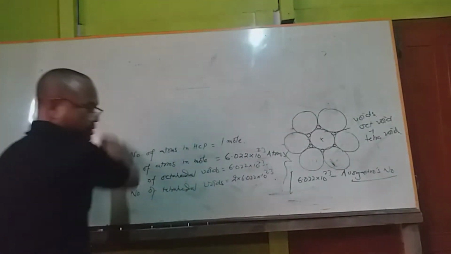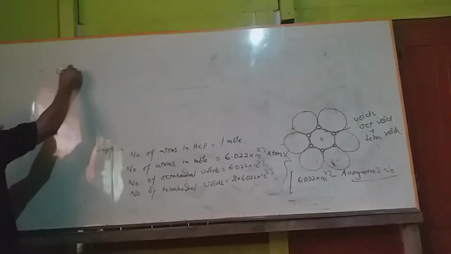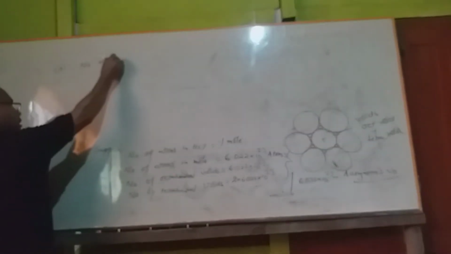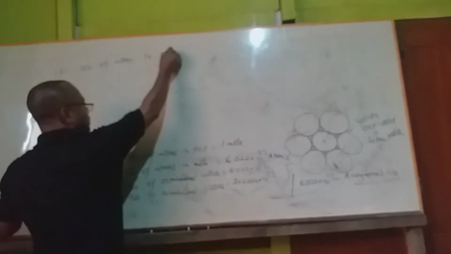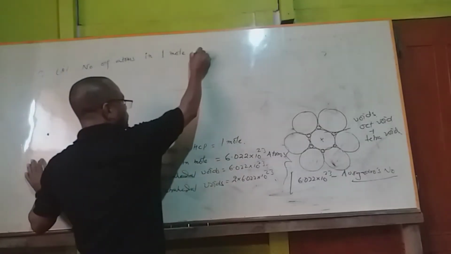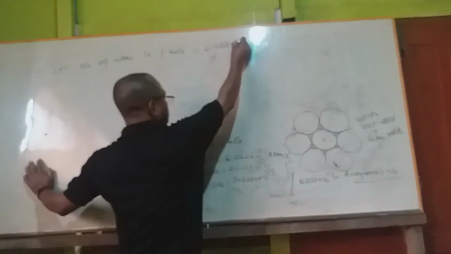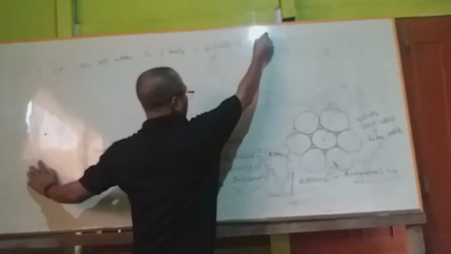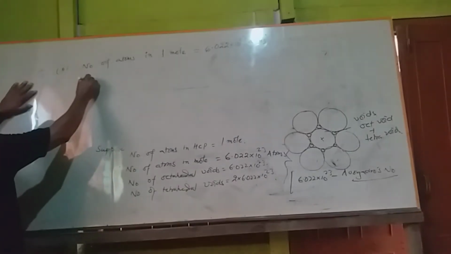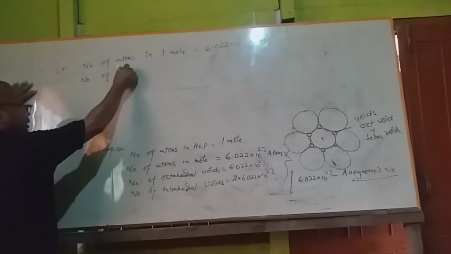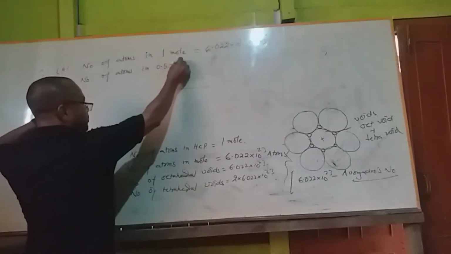So now let us calculate. Number of atoms in 1 mole is 6.022 into 10 to the power 23 atoms. Now we find the number of atoms in 0.5 mole.